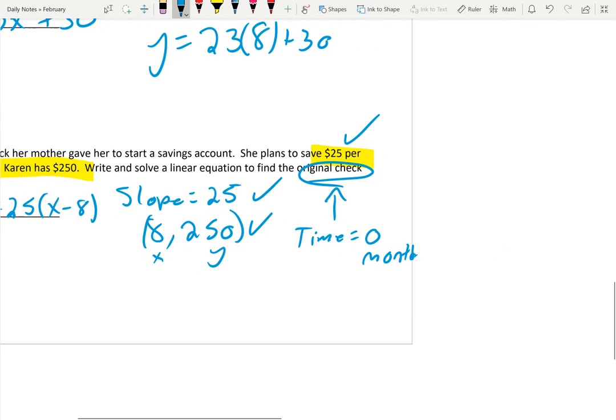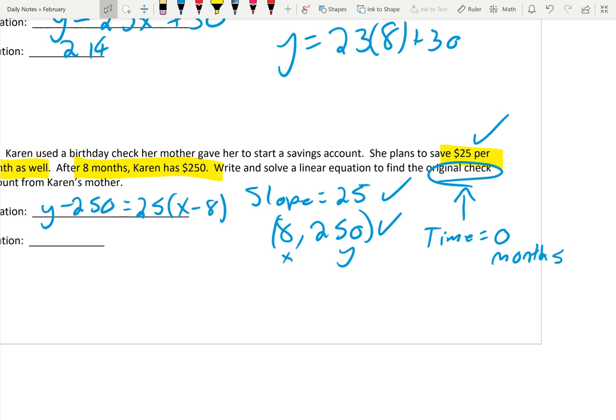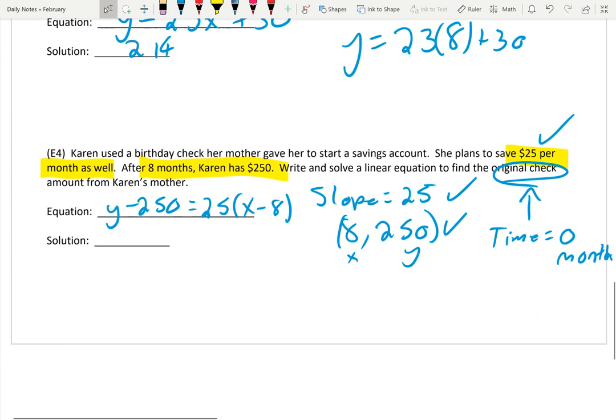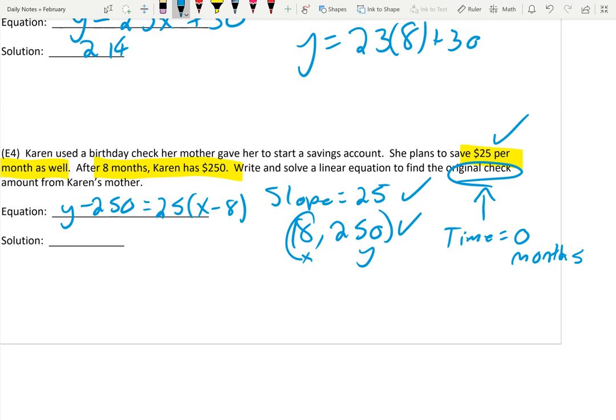So if it asks that tomorrow, the original check means at the beginning, which means 0 months. 0 months means plugging 0 in to x, because remember, x represents months, because 8 months, 8 is x, right? We're plugging the 0 in for x.